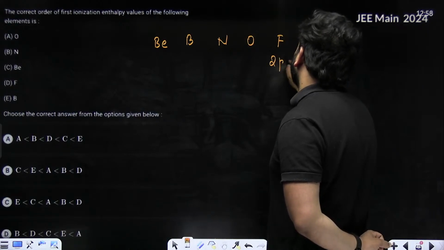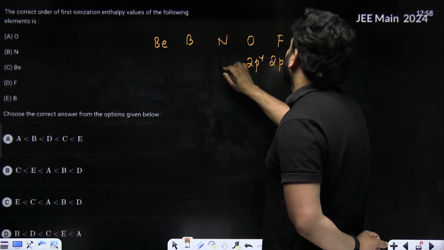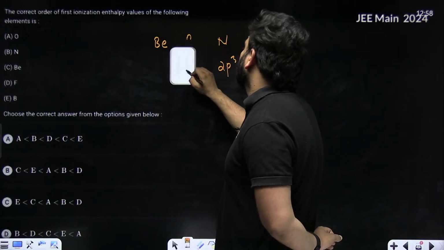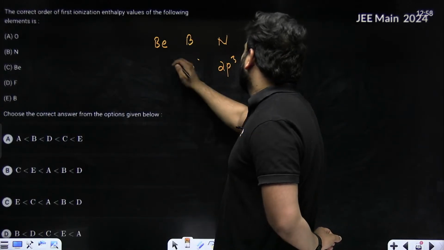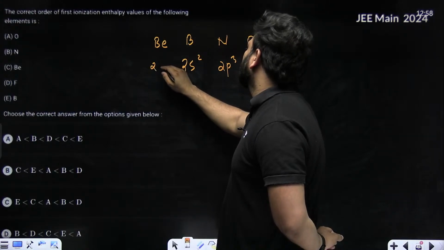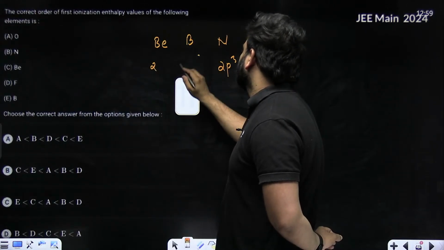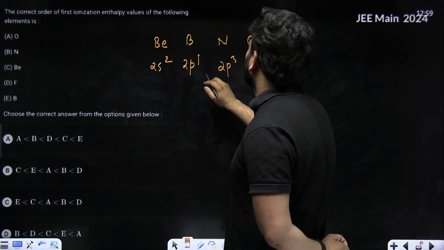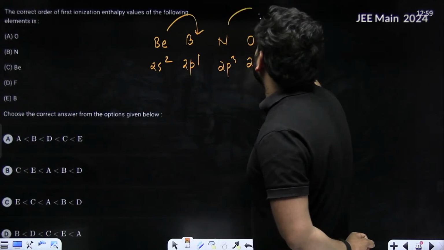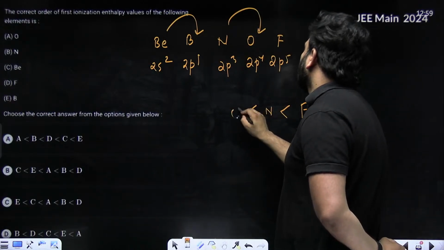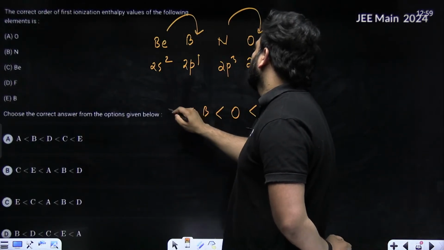This is 2p5, 2p4, 2p3, 2p2, 2s2, and this is 2p1, 2s2. So the correct answer should be, this will jump from here, this will jump from here. The correct answer should be fluorine, nitrogen, oxygen, boron, beryllium.